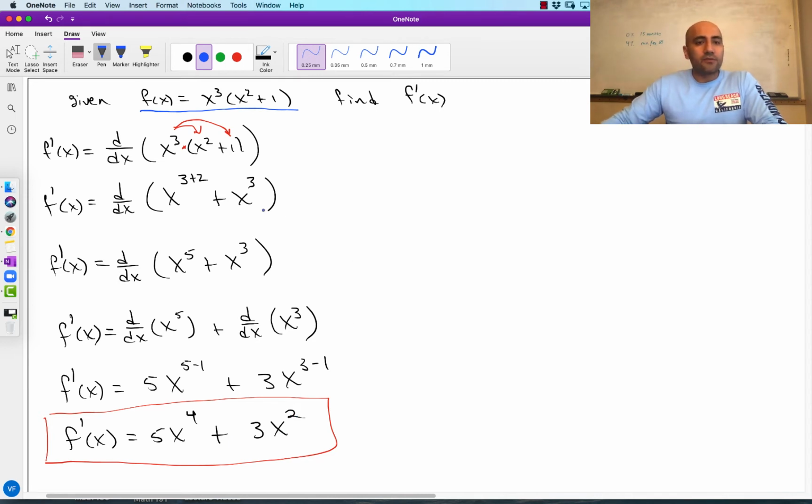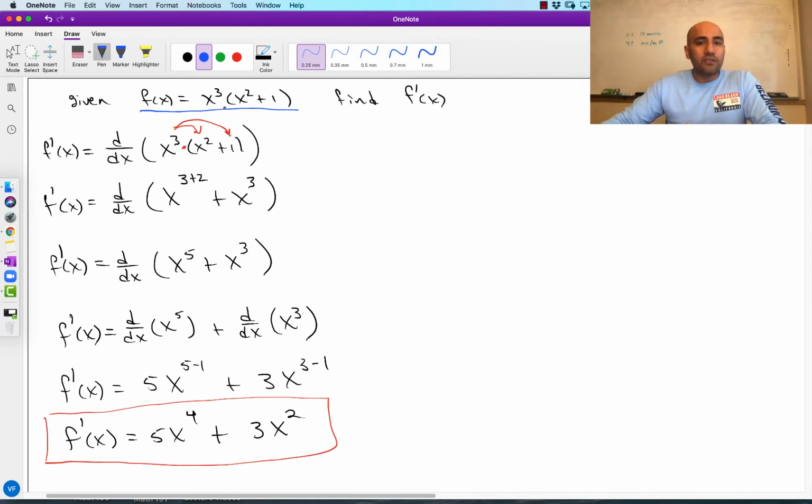Okay, but here's the goal that we're trying to accomplish. Notice that the original function given is a multiplication of what could be thought of as two separate functions. We could think of this as x cubed times x squared plus 1. So x cubed could be thought of as its own function, and then x squared plus 1 could be thought of as its own function.